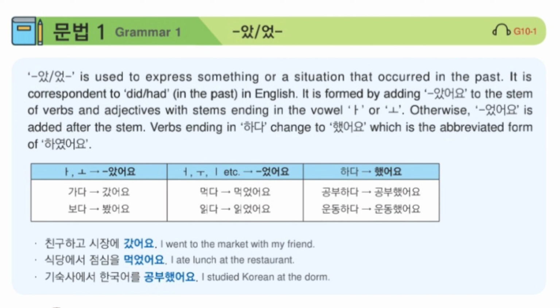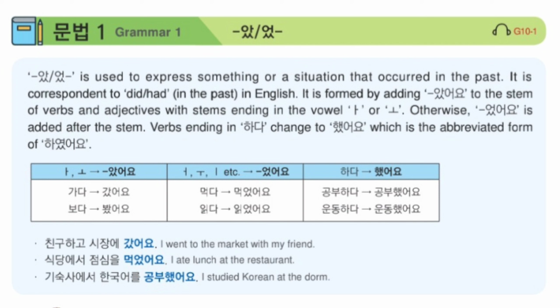Read, 읽었어요. 하다, 했어요. To study, 공부하다. Studied, 공부했어요. To exercise, 운동하다. Exercised, 운동했어요. Now let's listen to some more examples in full sentences.